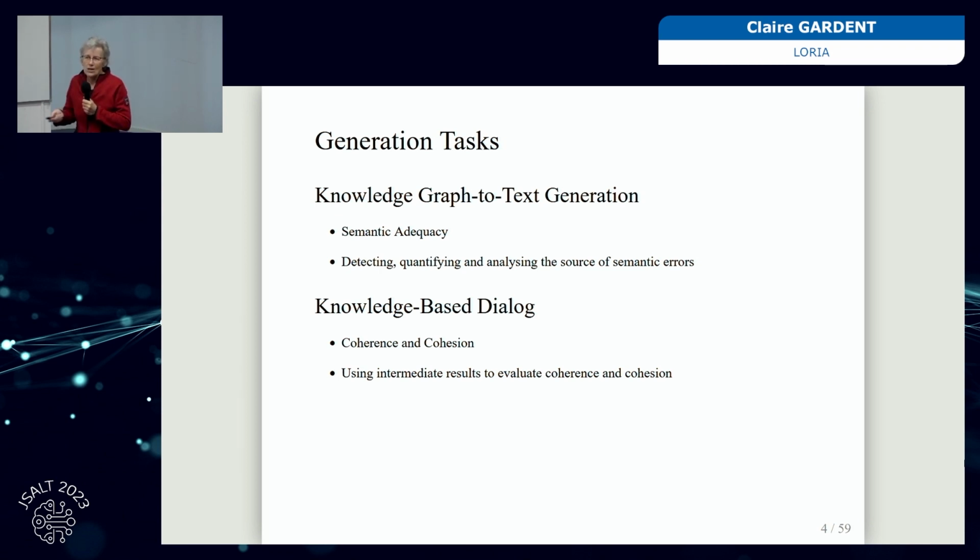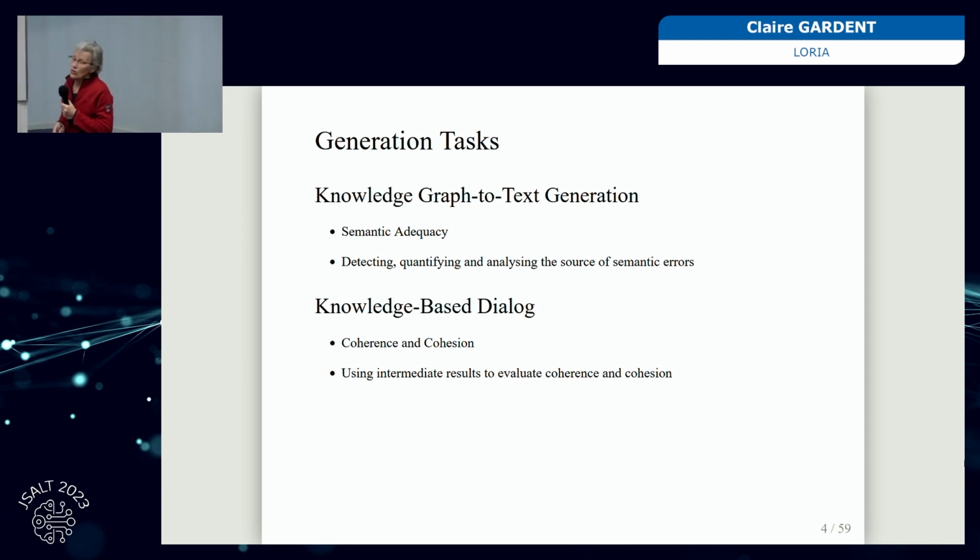There should be a sort of semantic equivalence between the two. I will develop methods to better explain how the model behaves in terms of semantic adequacy.